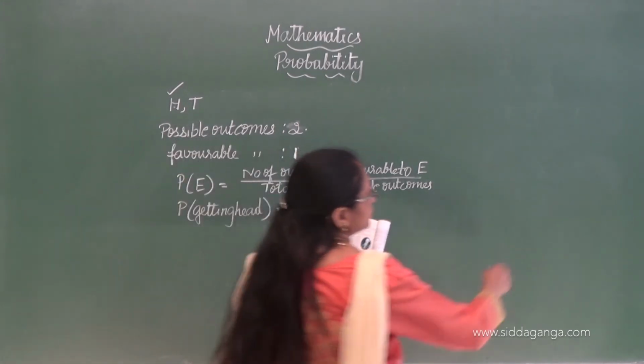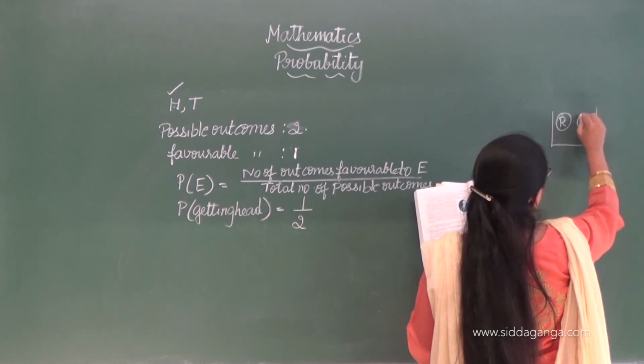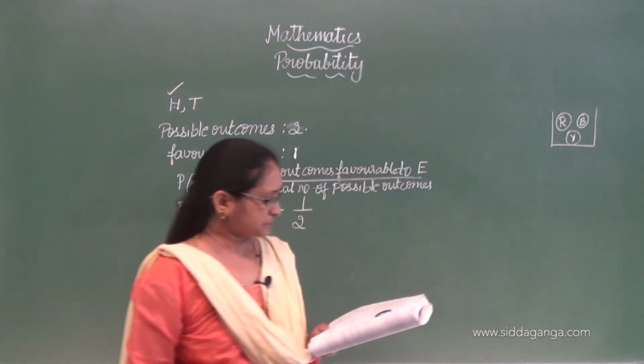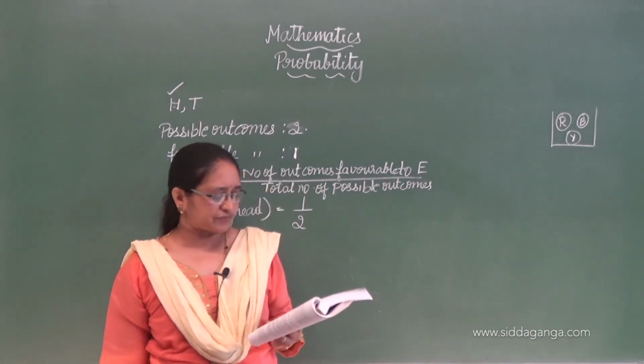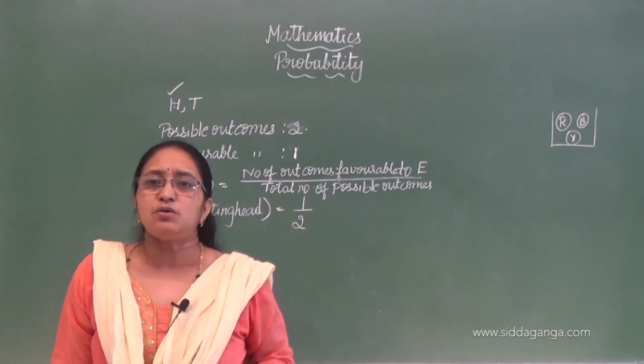A bag contains a red ball, a blue ball and a yellow ball, of same size. Kritika takes out a ball from the bag without looking into it. What is the probability that she takes the yellow ball?